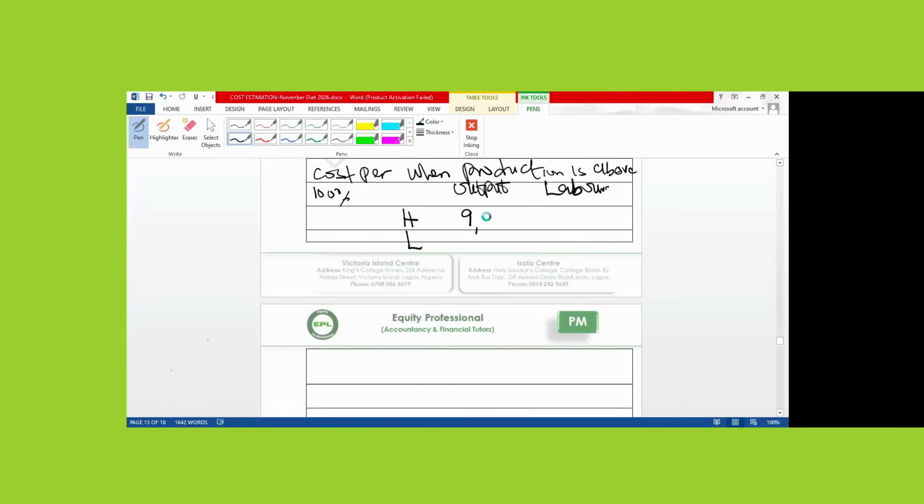Highest level 9,900. What is the total labor cost? Please reconfirm. 81,000. Now your low level is 9,450. What is the total labor cost? 76,500.